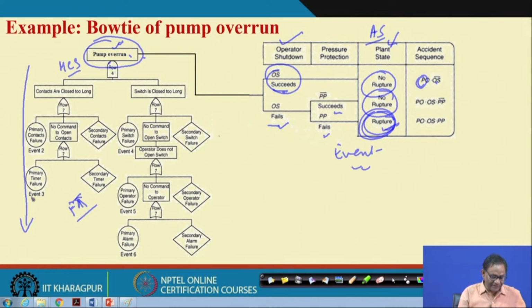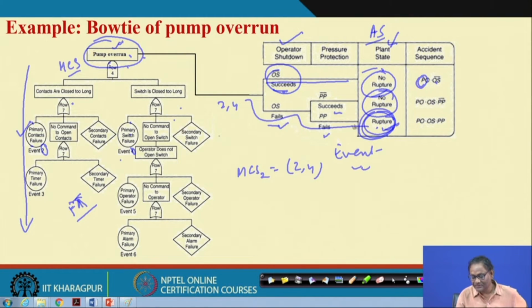Suppose event 2 occurs, and one more event occurs here, suppose event 4. So 2 and 4 will be one of the MCS, MCS 2, which is nothing but 2 and 4. So 2 and 4 happening along with this path will lead to no rupture, and 2 and 4 along with this other path will be rupture.